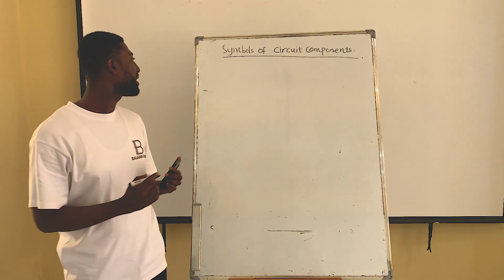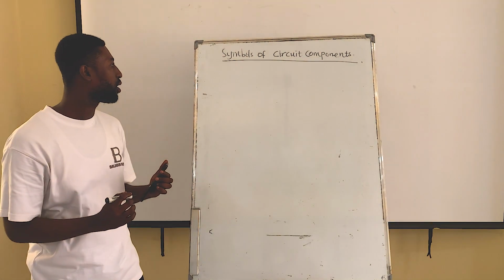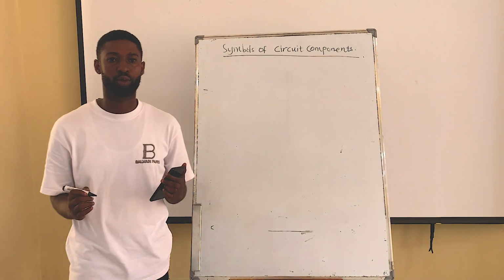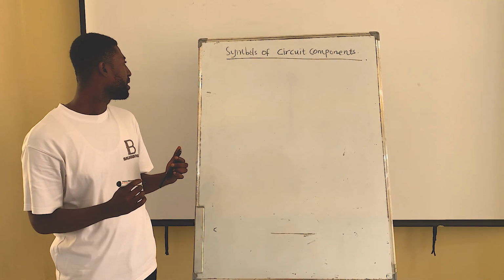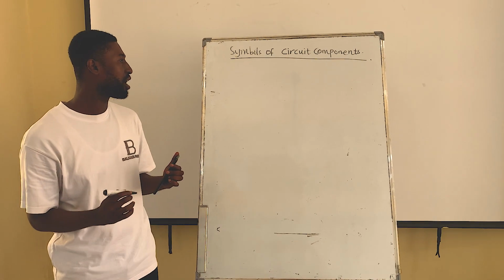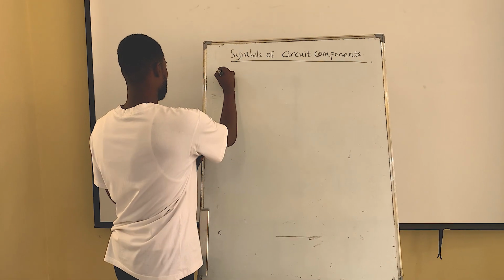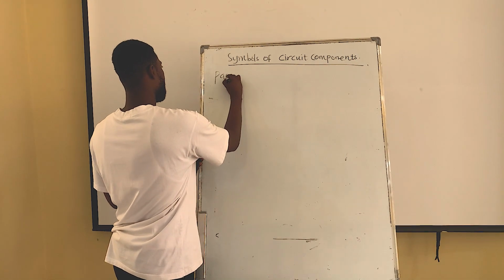So in designing an electric circuit, these components need to be represented with their symbols. We are going to learn the symbols of each of the electrical components. Let's start with the passive elements.